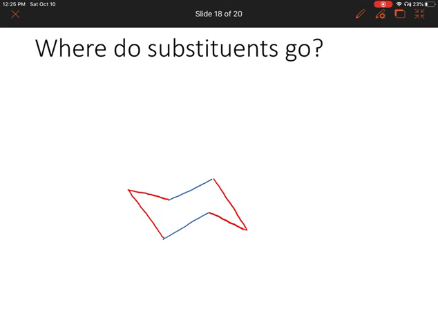Okay, so now let's draw some substituents. So where would those go? Well, number one, we're going to add bonds straight up for carbons that are pointing up.